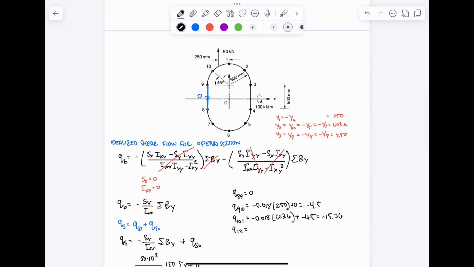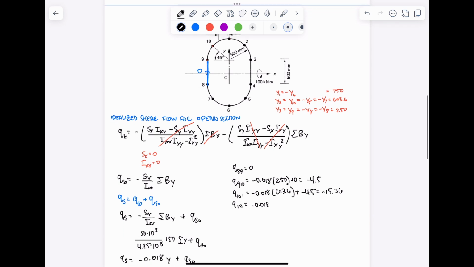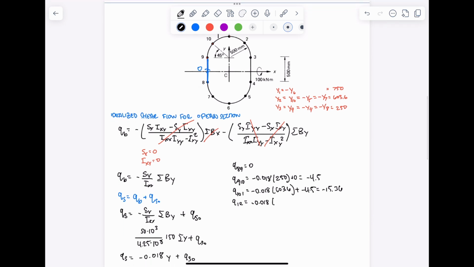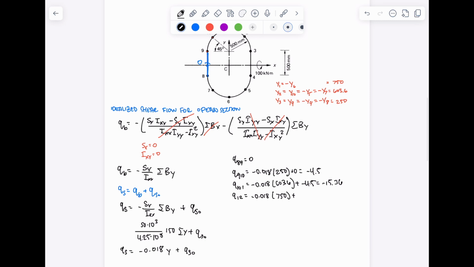So from 1 to 2, which is negative 0.018, times the y distance of, we passed 1, boom 1, so 750, plus, again, the shear flow from the previous section, 15.36, and then we solve that to be negative 28.86.